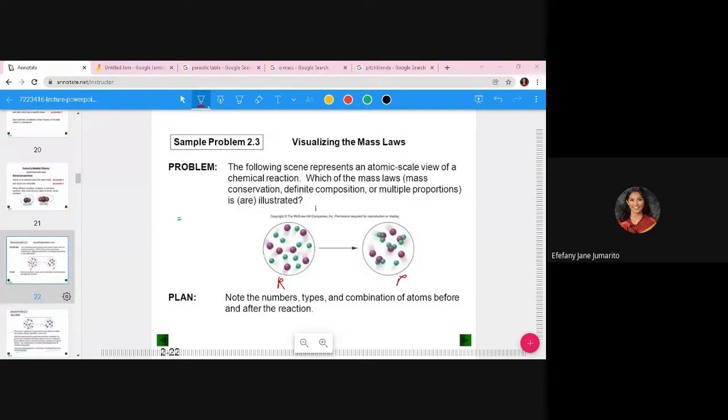Okay, thank you, Alona. Her answer is on mass conservation. We have the same number of purple and green, then on the product side it is the same, so it is being conserved. Now, what about the definite composition?